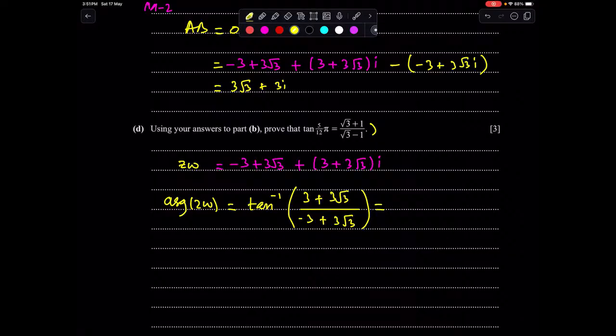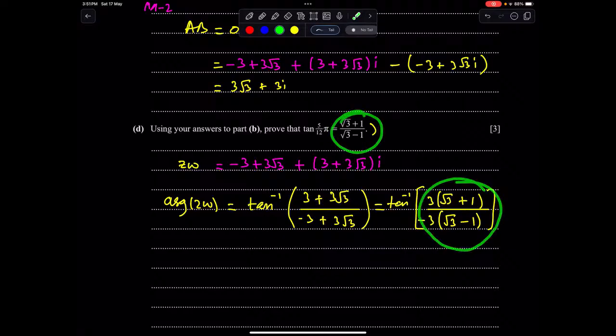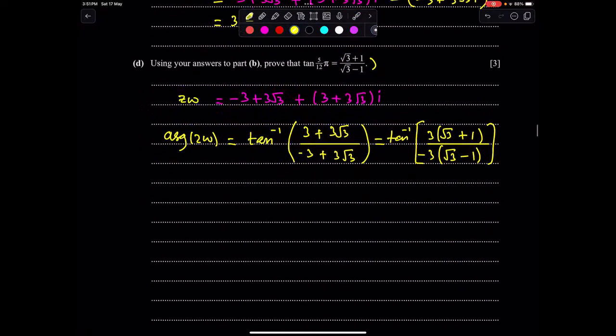If I take 3 common from the numerator and denominator, I'll get root 3 plus 1 over root 3 minus 1. See, I have got the same thing, this.